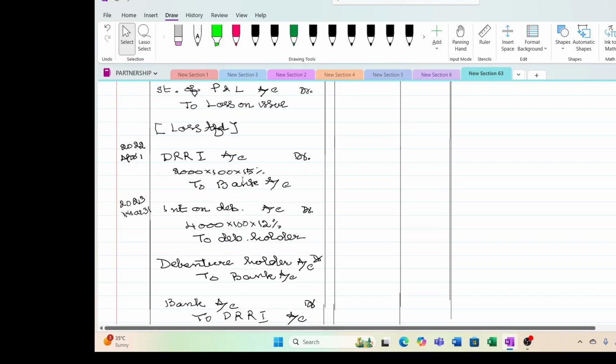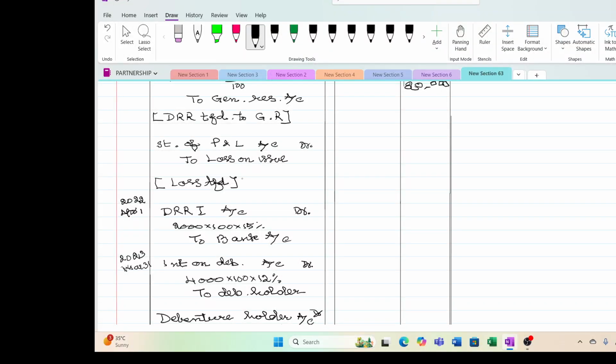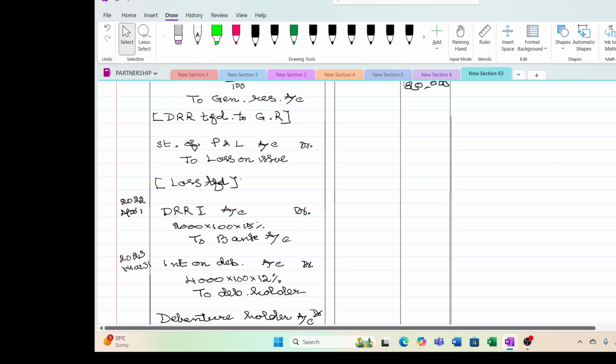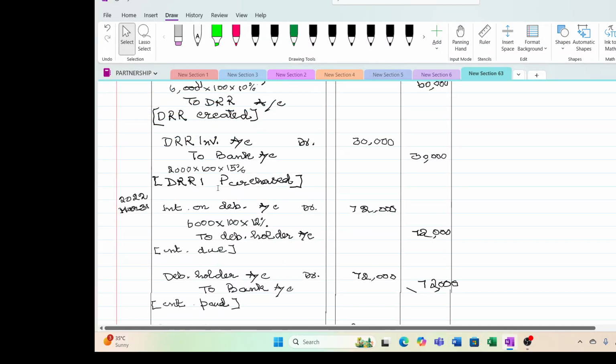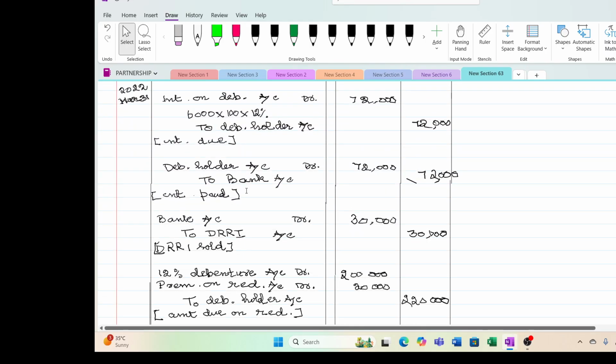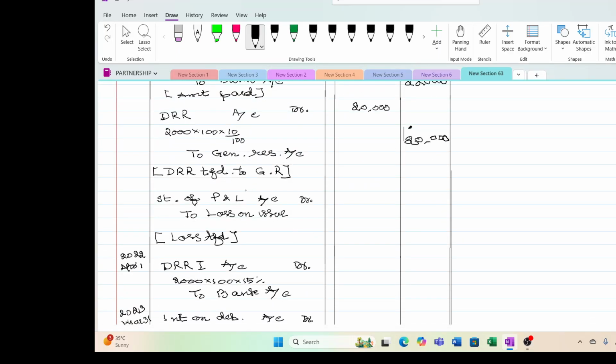Now don't forget, they have told that you transfer the total loss to statement of profit or loss. See here, interest on debentures is here, debenture holders account. So we have to transfer the interest also to statement of profit or loss account. You can make a separate entry or you can make a combined entry.